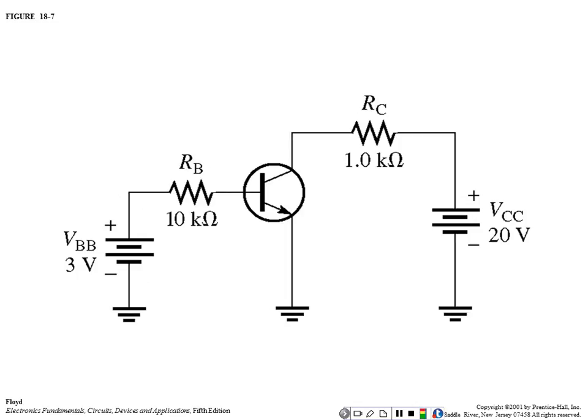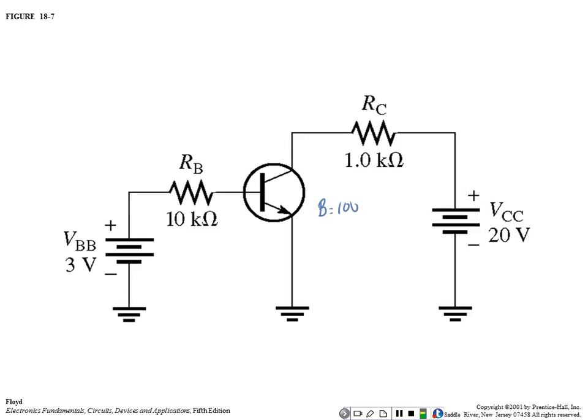So let me give y'all a beta. What we're going to do first is calculate absolute. We're going to consider beta to be a fixed value, and beta would be a fixed value if the transistor was operating at a fixed temperature. So just to make sure we don't saturate this thing, let's use a beta of 100. Somebody tell me where I need to start. First of all, what type of transistor is this?